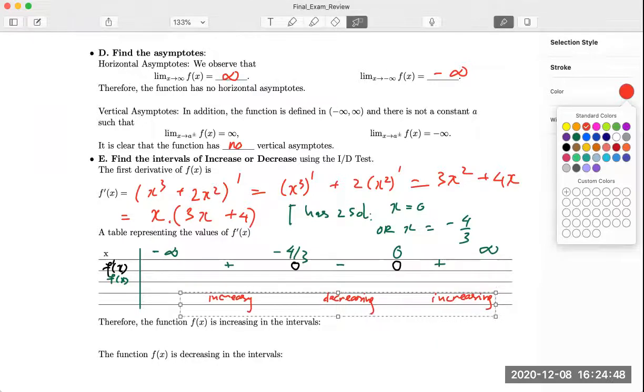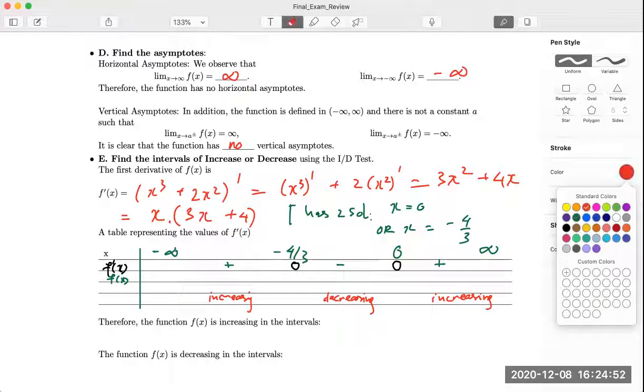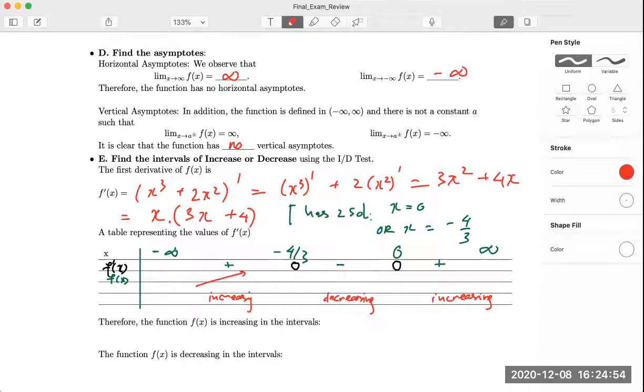It is increasing, decreasing, and increasing again. We see that at negative 4/3 it reaches a local maximum, and at 0 it reaches the local minimum.